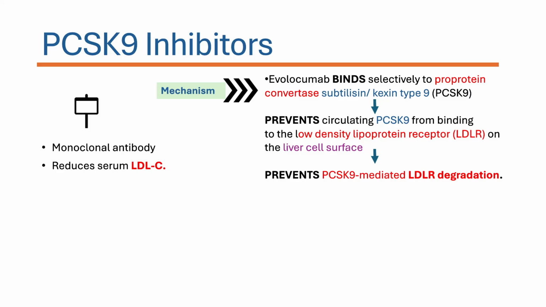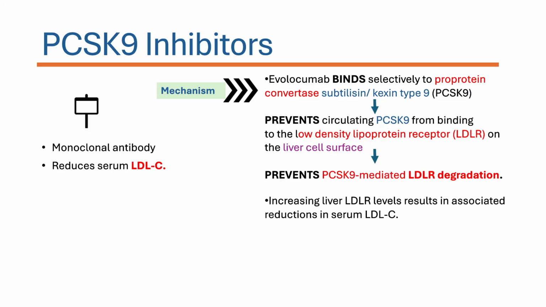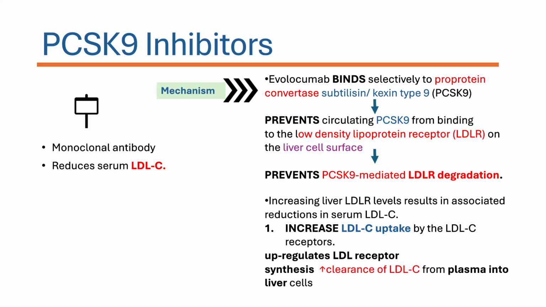So what happens when you preserve the LDL receptors which are present on the surface of the liver? You're going to increase the levels of receptors which can reduce the serum LDL cholesterol. How? Once you increase the LDL receptors on the surface of the liver, it is going to increase the uptake of the LDL cholesterol in the serum into the liver.